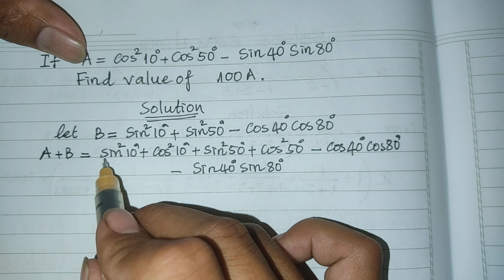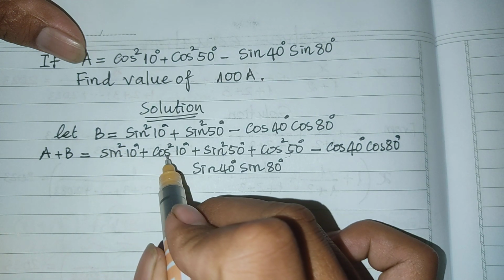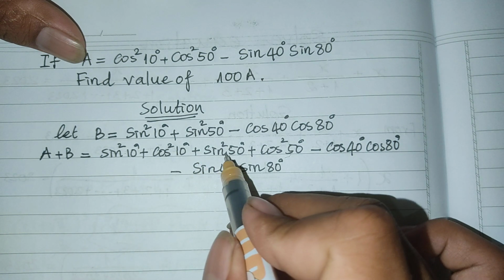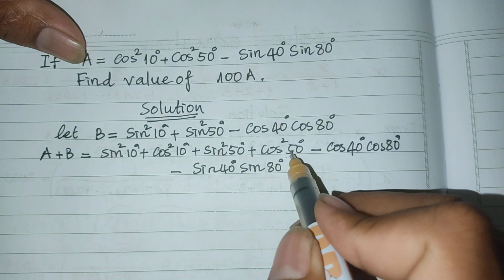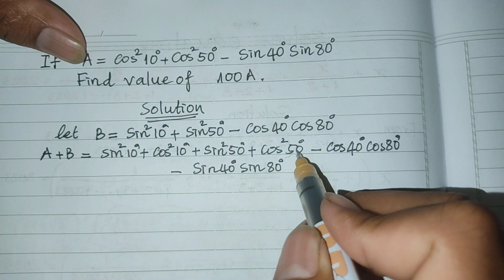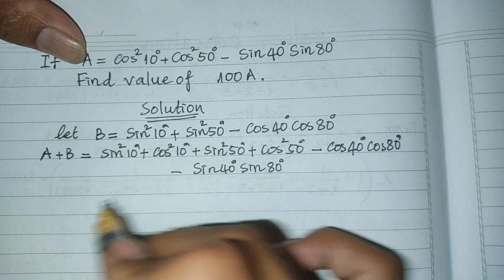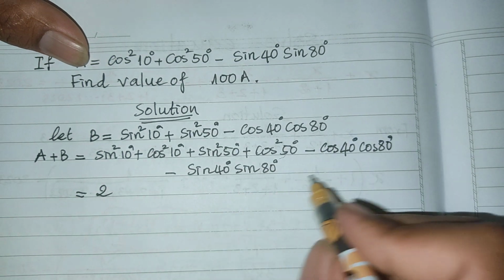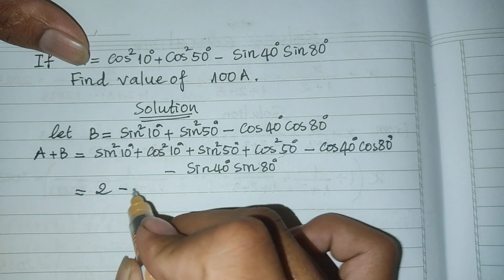Sine squared of 10 degrees plus cosine squared of 10 degrees equals 1. And sine squared of 50 degrees plus cosine squared of 50 degrees equals 1. So this equals 2. And for the rest, I take the minus out as a factor.